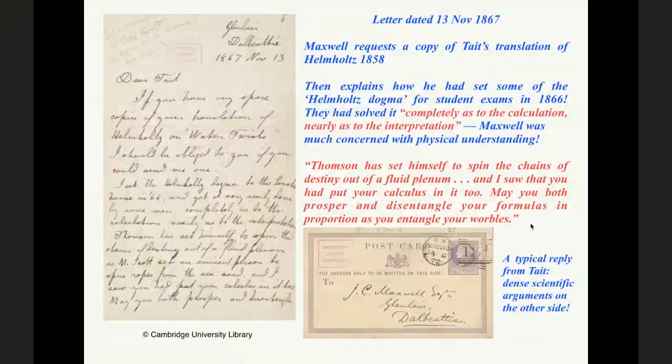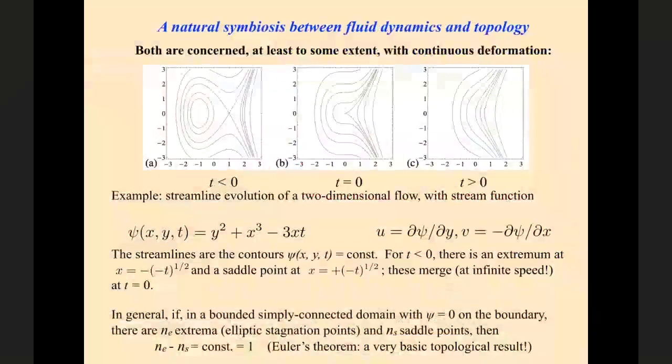I think the word vortices had not quite entered the literature of the language of the subject at that time. Tate would normally reply on a postcard. Here you see one from a little later, 1872, but on the other side there were always dense scientific arguments, and that was the way they communicated. This postcard cost 1/2 penny, that's a half old penny, about 0.1 of a new penny.